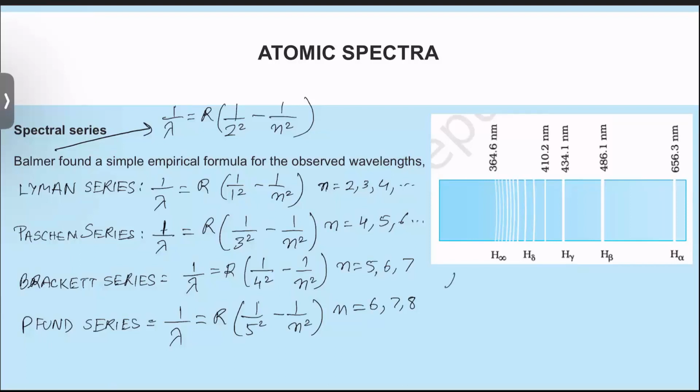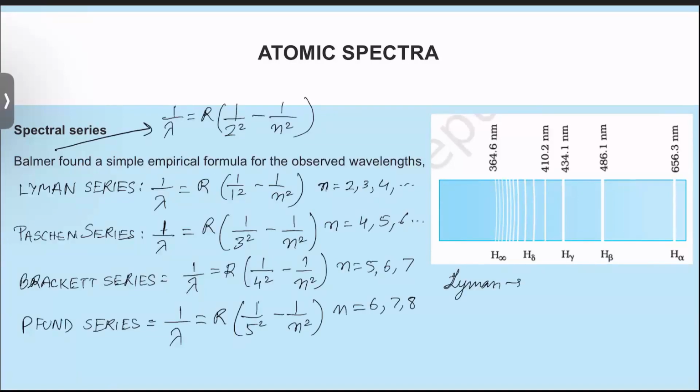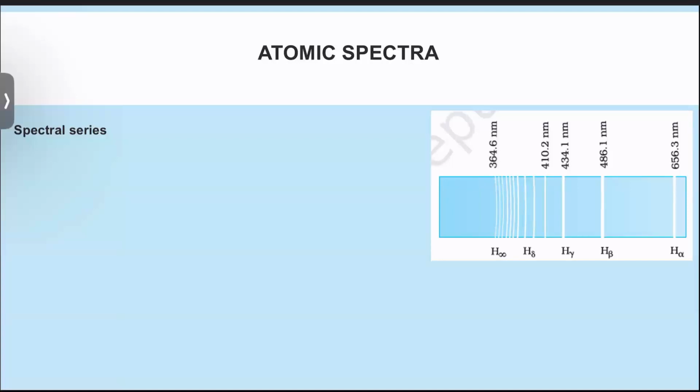Your Lyman series actually falls in the ultraviolet region. This has the smallest wavelength.